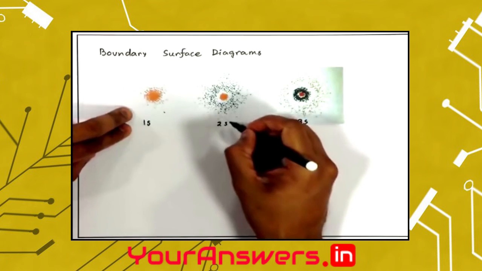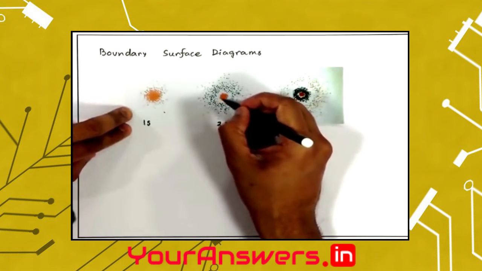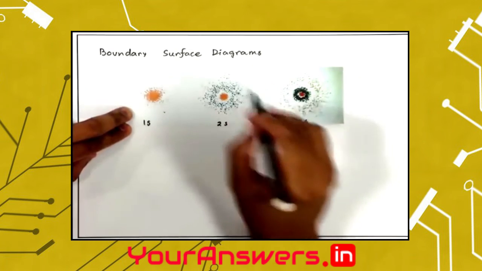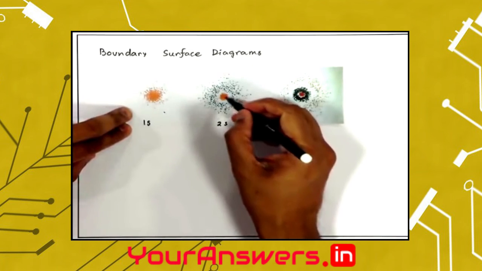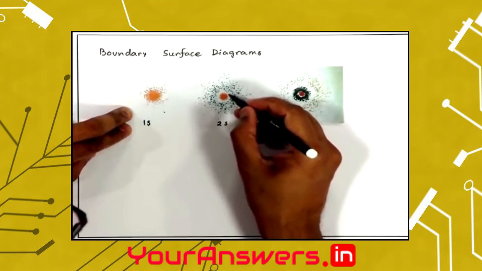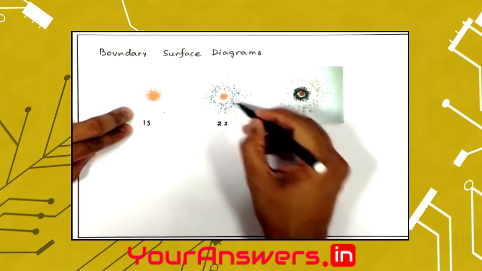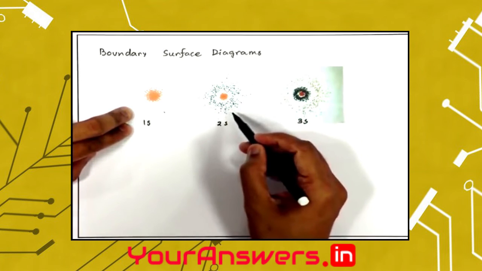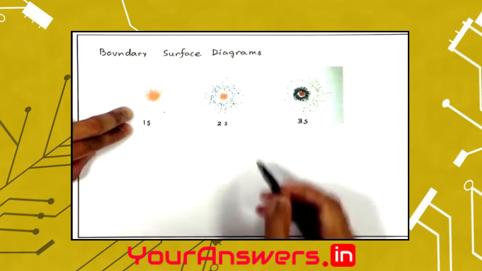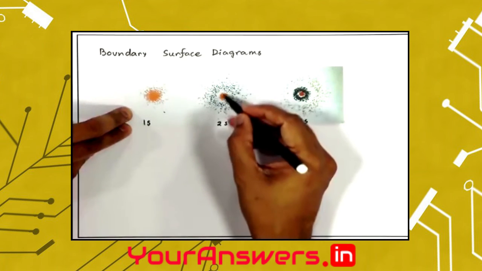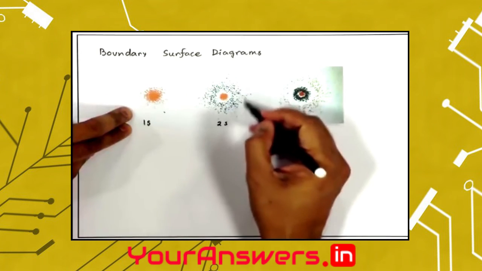When I look at the 2s orbital, I see some dots, each dot corresponds to finding the electron at that point of time. This is the meaning of the dot. I see so many orange dots concentrated at one place, and then there is a gap where you can see the white space, and beyond that I again start finding the electrons, and this time they are in green dots.